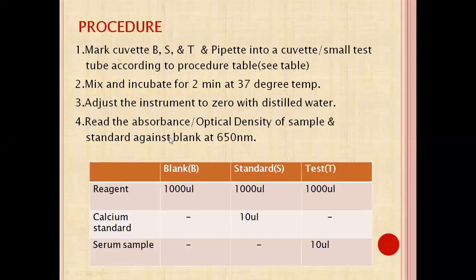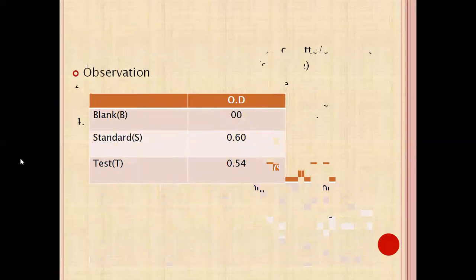Fourth is to read the absorbance or optical density, that is the OD, of sample and standard against blank at 650 nanometer. Against blank means you set the blank at 0. Now the calculation. Suppose this is the observation table, and the values given are only for your example.